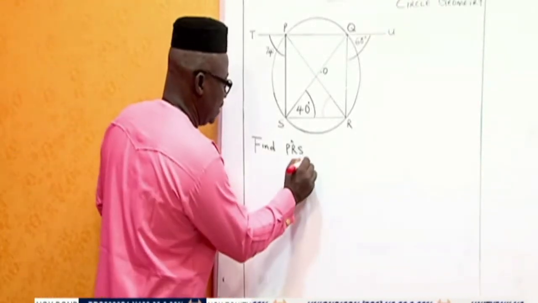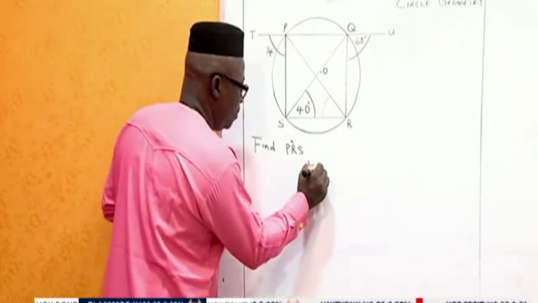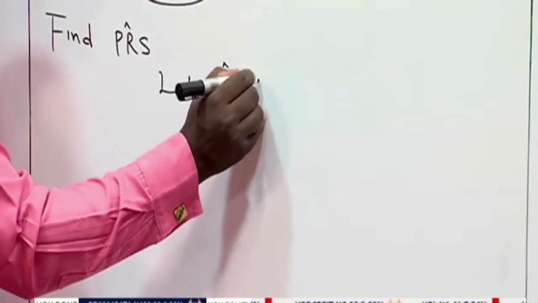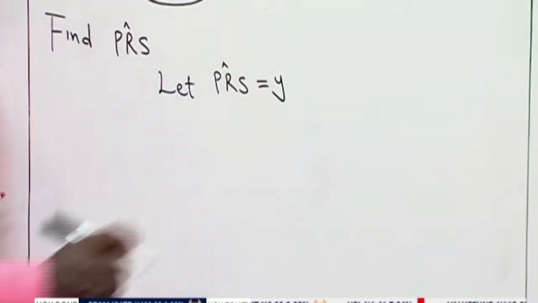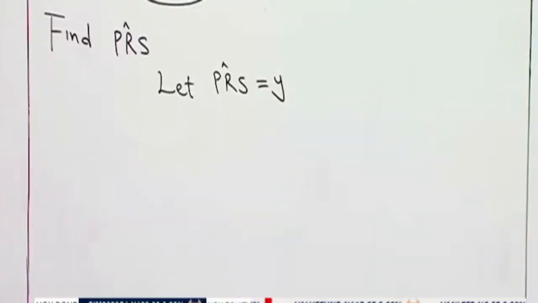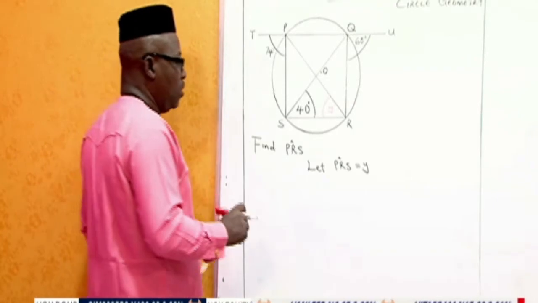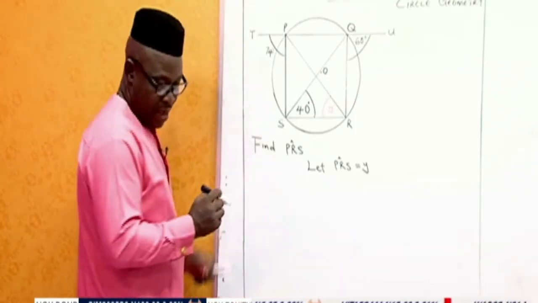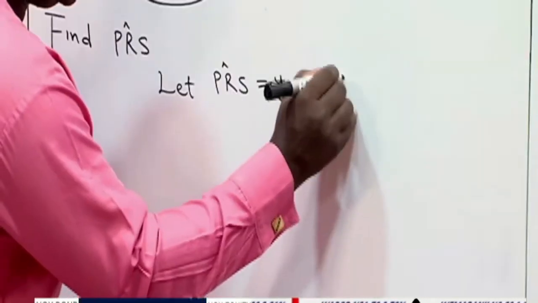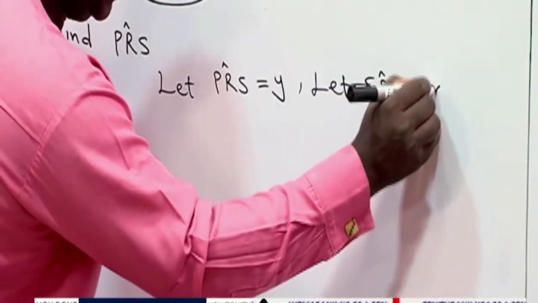Now, I can say, let angle PRS be equal to y. So I'm going to put y in this particular position. And then I can also say, let angle SPR be x.